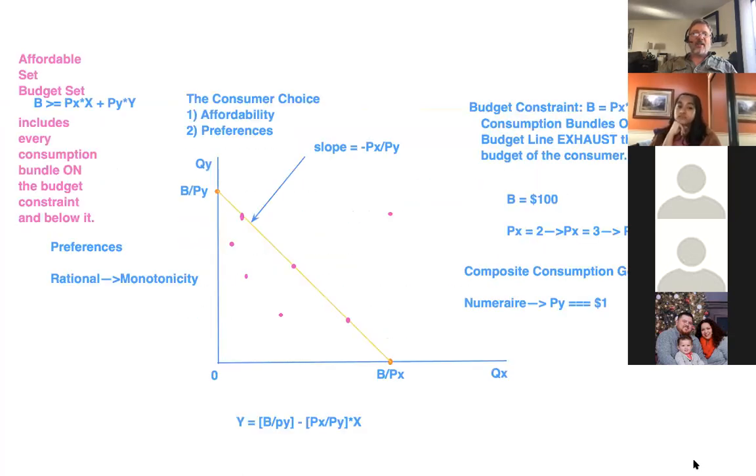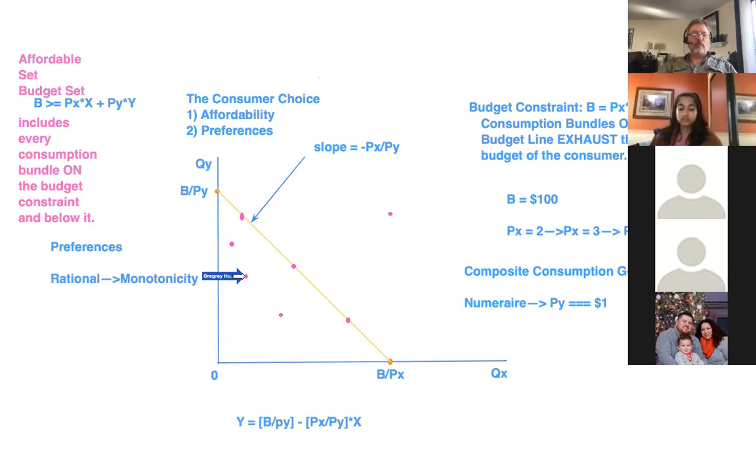So why does that help? Well, if I go back to the consumer and their budget, I can get back to this idea that, suppose a consumer starts out at some point in their affordable set, purchasing this point.